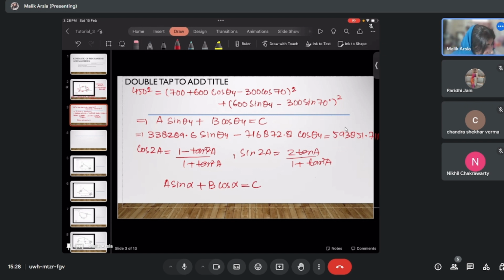And so let us consider 2a is equal to alpha. So basically a is equal to alpha by 2. So here instead of 1 minus tan square a, you will write 1 minus tan square alpha by 2 upon 1 plus tan square alpha by 2. And here sine 2a, so you will write sine alpha is equal to 2 tan alpha by 2 upon 1 plus tan square alpha by 2, right?